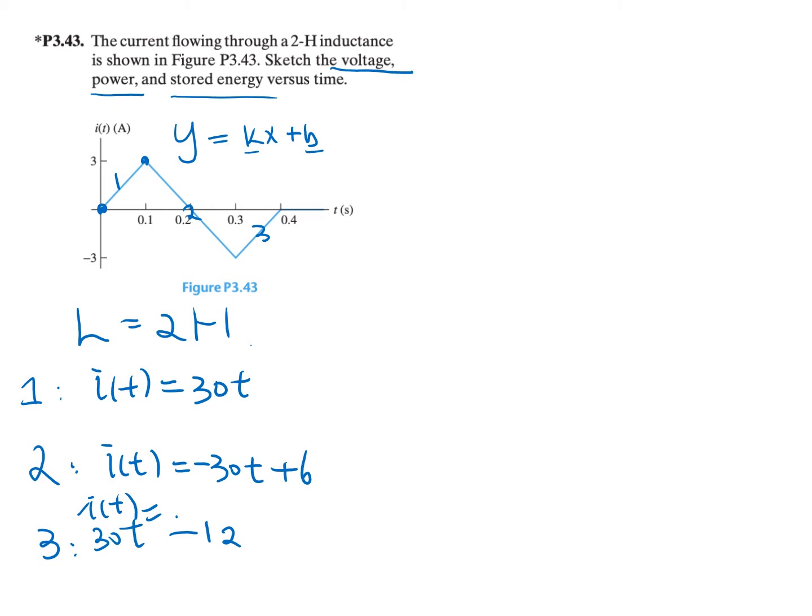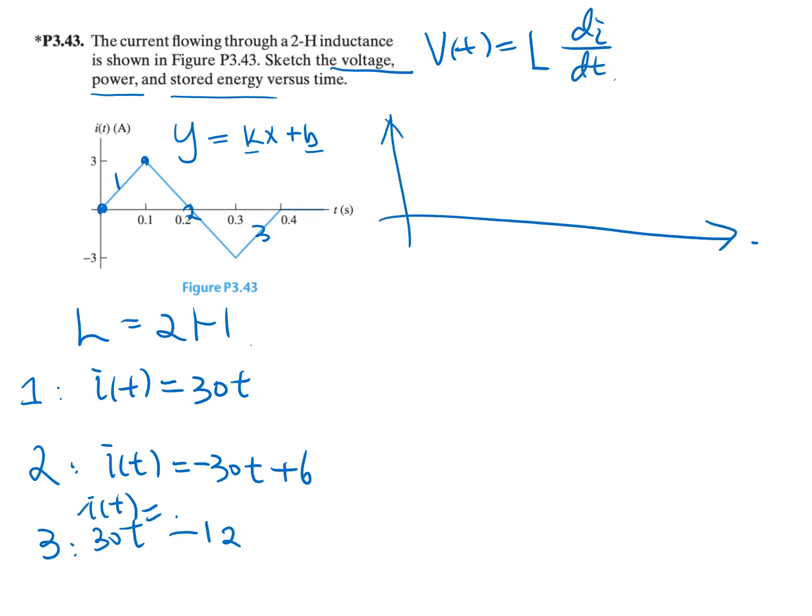Then we can draw the diagram for voltage. We know that for the inductance, v(t) is equal to L times di over dt. So it's very straightforward to draw the voltage. Let's see.